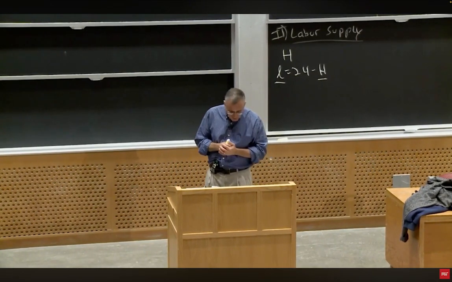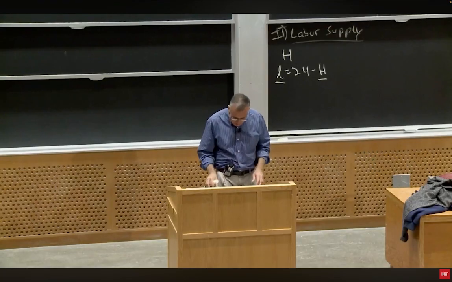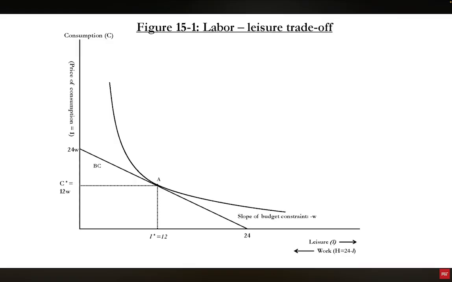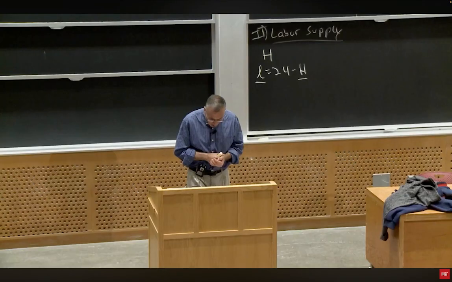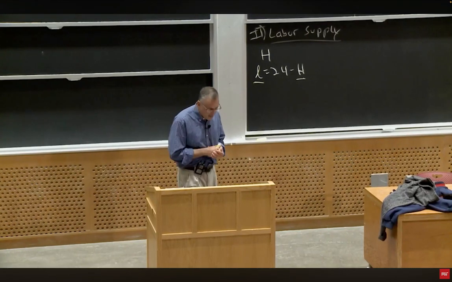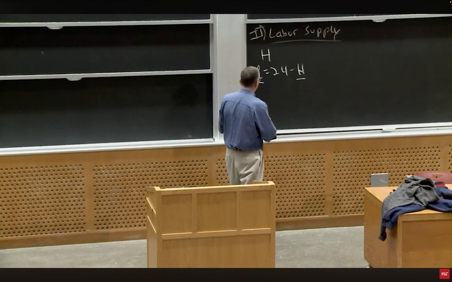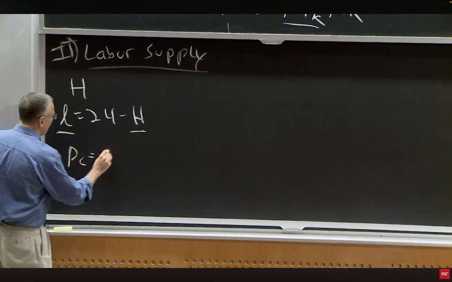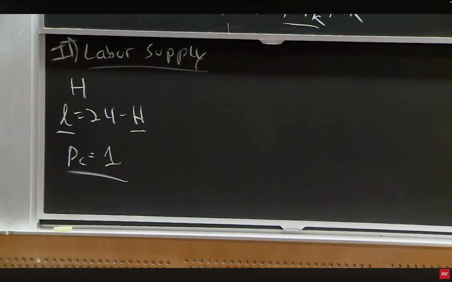So that is the budget constraint. What is the slope of the budget constraint? The slope is minus w. I'm going to make one other assumption to make life easy. We're going to assume that the price of consumption goods is 1. That is, there's some aggregate consumption good you're buying with a price of 1.